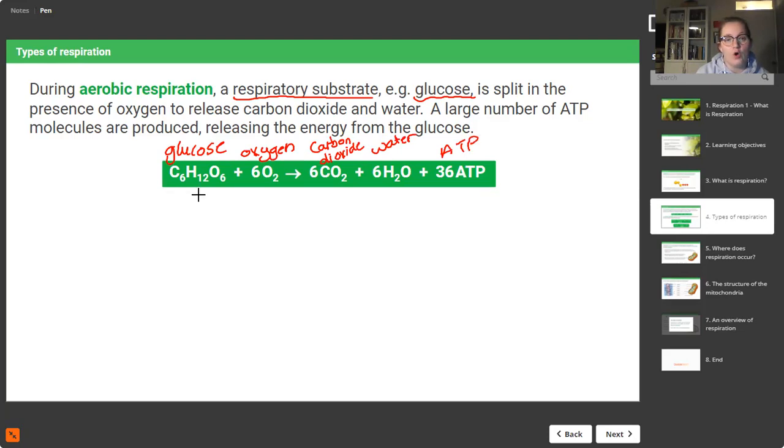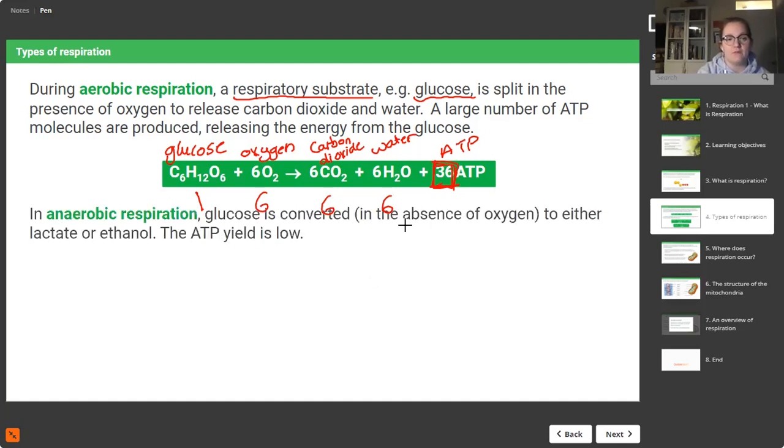This is one molecule of glucose. So we've got one molecule of glucose and 6 molecules of oxygen. We make 6 molecules of carbon dioxide, 6 molecules of water, and 36 molecules of ATP. That's really important to remember. This is where we're saying we make a large number of ATP from one molecule of glucose when it's going through aerobic respiration.